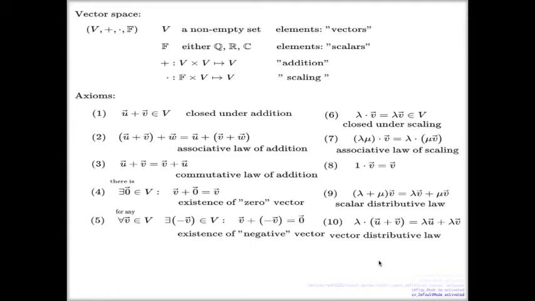I draw your attention to this subtle thing, for instance, in axiom 9, even though I use this symbol plus here and here, these are different pluses. Even though the notation is identical, the pluses here are totally different. On the left-hand side, you're adding numbers, the elements of F, which are either rationals, reals, or complex.